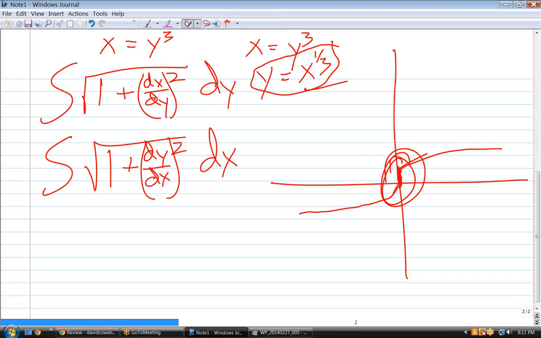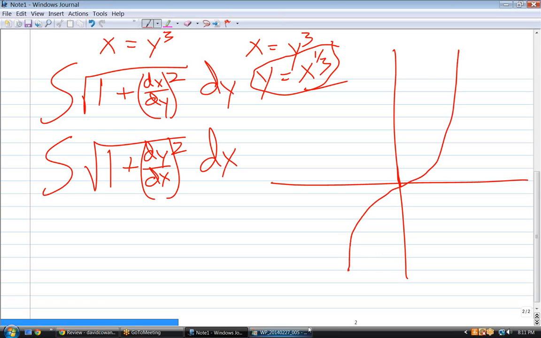However, if we treat it as x equals y cubed, that doesn't have a vertical tangent. So that's what we want to use, x equals y cubed.